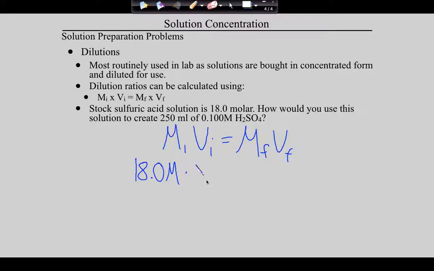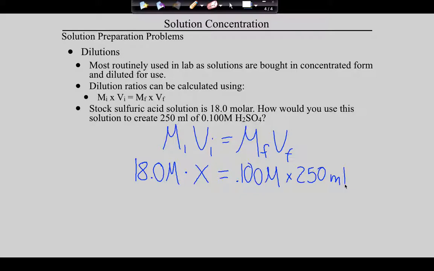Now, what we want to know is what volume, this is our X, what volume of that 18 molar stuff do we need to finally create a molarity of 0.1 molar, and we need 250 milliliters of that solution.